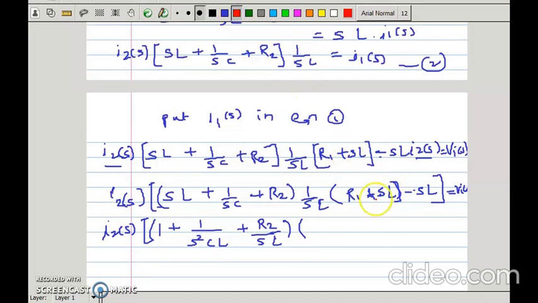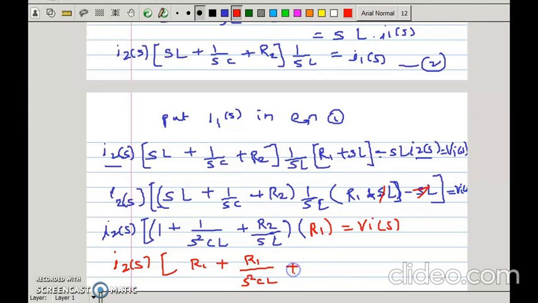See, SL gets cancelled, so what is remaining is only R1, is equal to VI of S. Let's multiply R1 in the bracket, so I2 of S in bracket R1 plus R1 upon S square CL plus R1 R2 divided by SL is equal to VI of S.